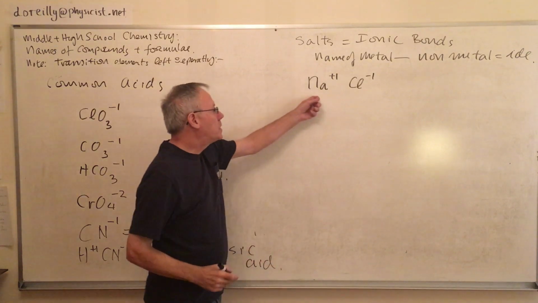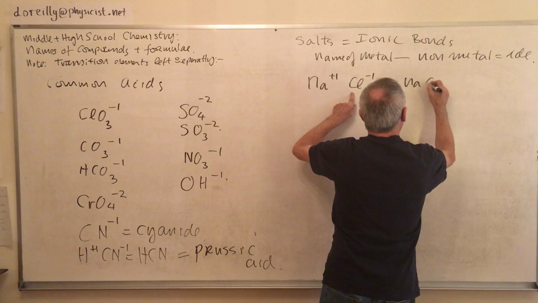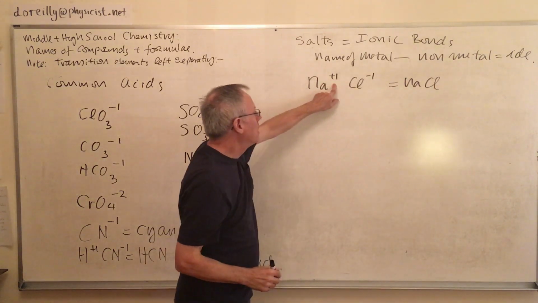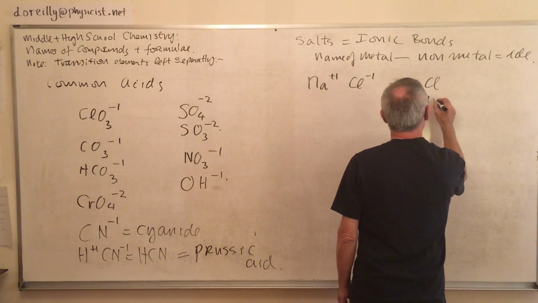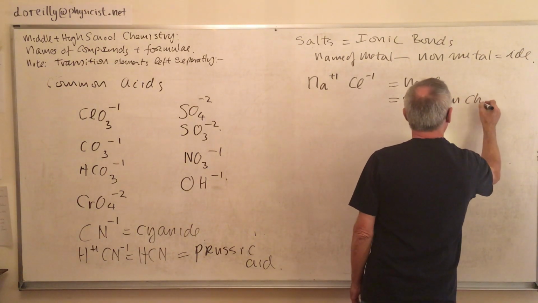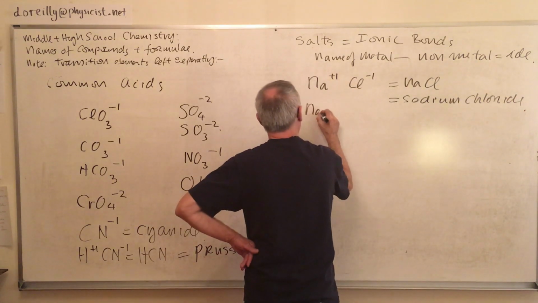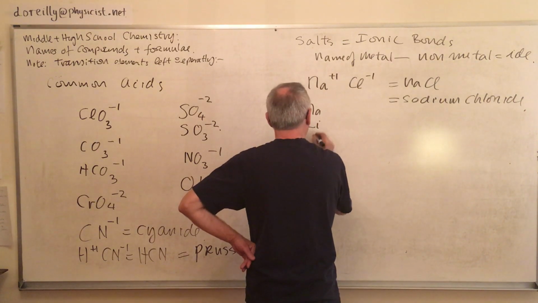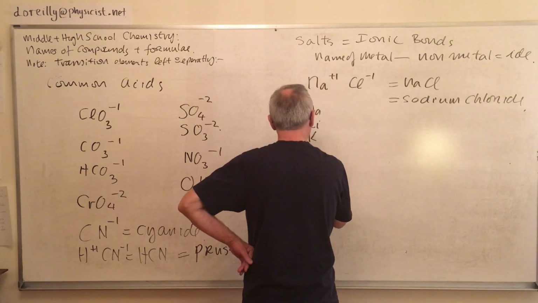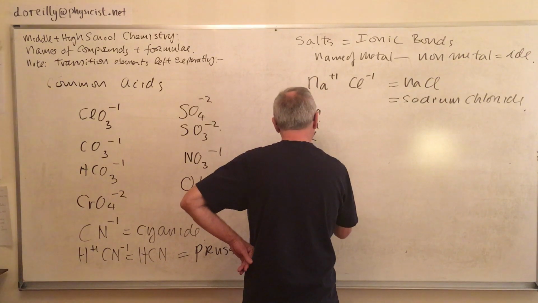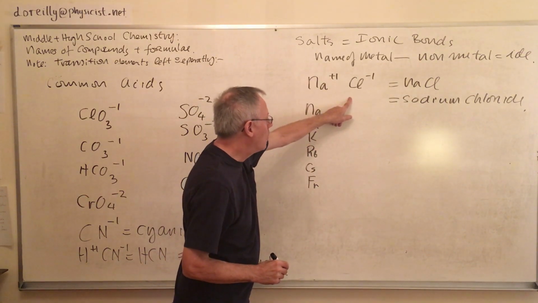We'll take the metal sodium +1 and Cl -1, where these are the valences, and we get sodium chloride. Lithium, sodium, potassium, rubidium, cesium, and francium all will behave like this with chlorine, okay?